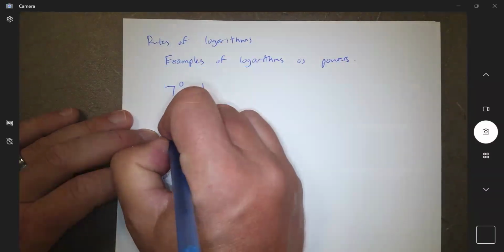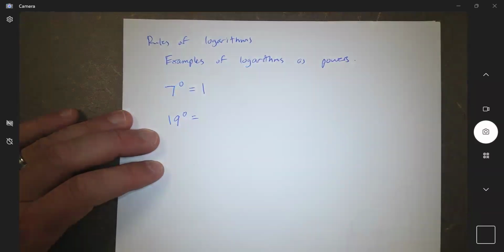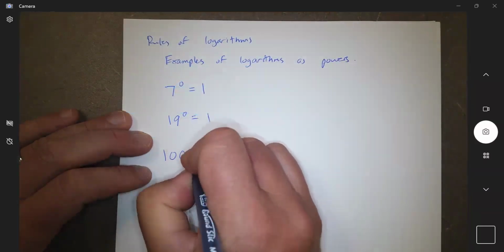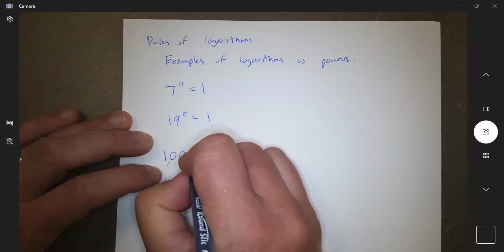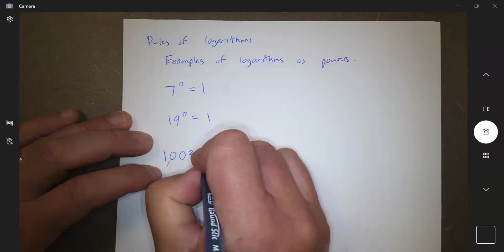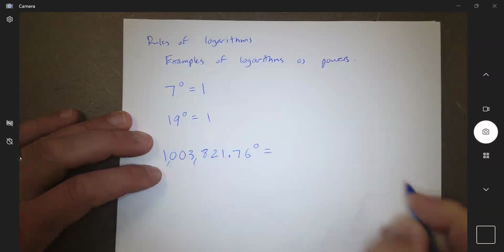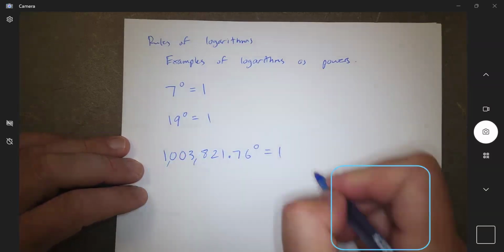Great. 19 to the 0 is 1. 1,003,821.76 to the 0 is 1. Okay.